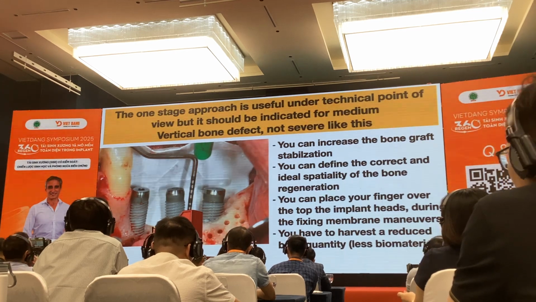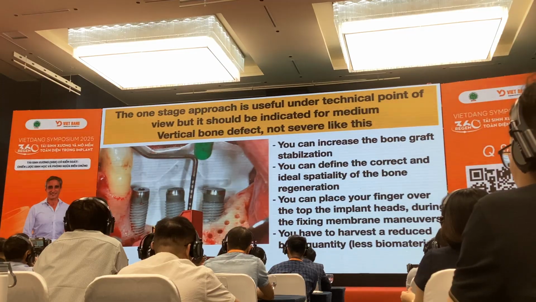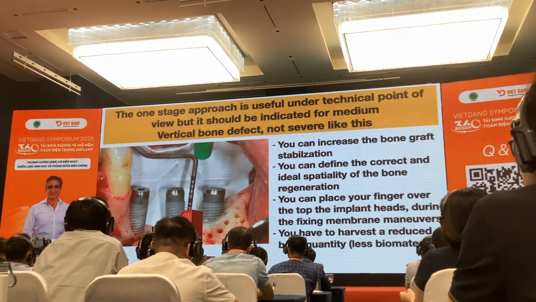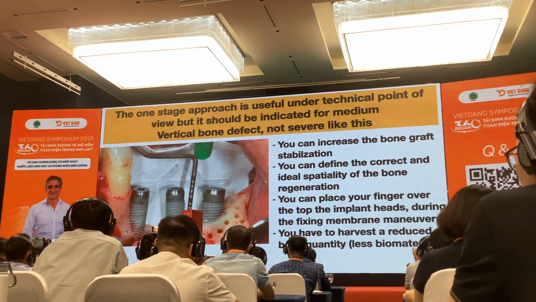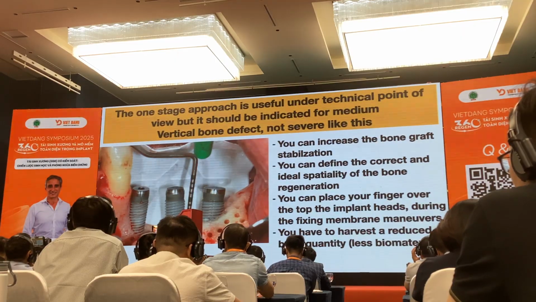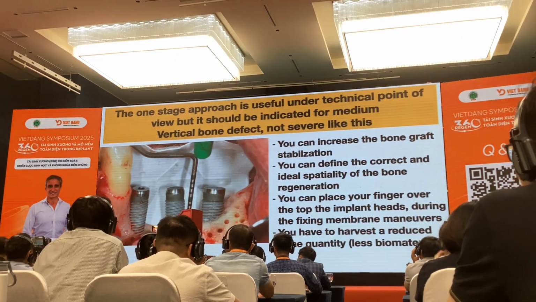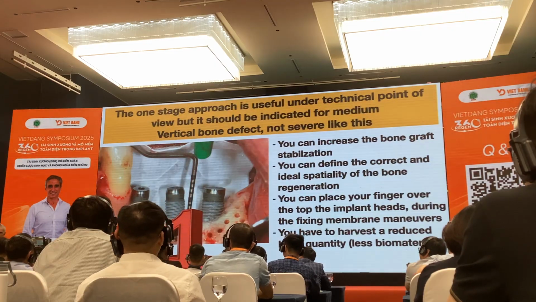I don't know who of you perform the GBR with this membrane. But probably in the future, you should perform this procedure without implants, and you try to place your finger in order to stabilize the membrane when you have to fix it on the lingual side, you remember my words.